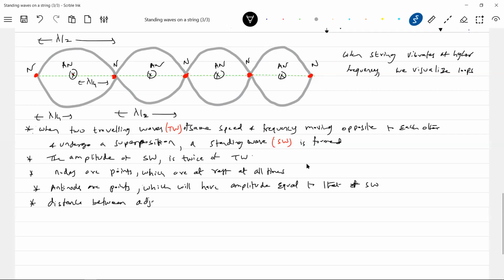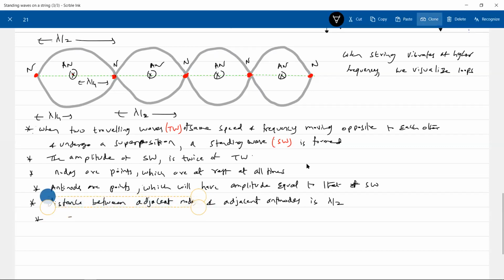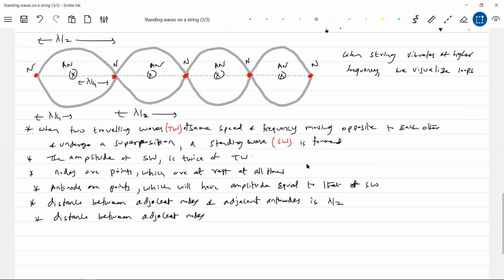Next again, distance between adjacent nodes and adjacent antinodes is lambda by 2. Next again, distance between adjacent node and antinode is lambda by 4.